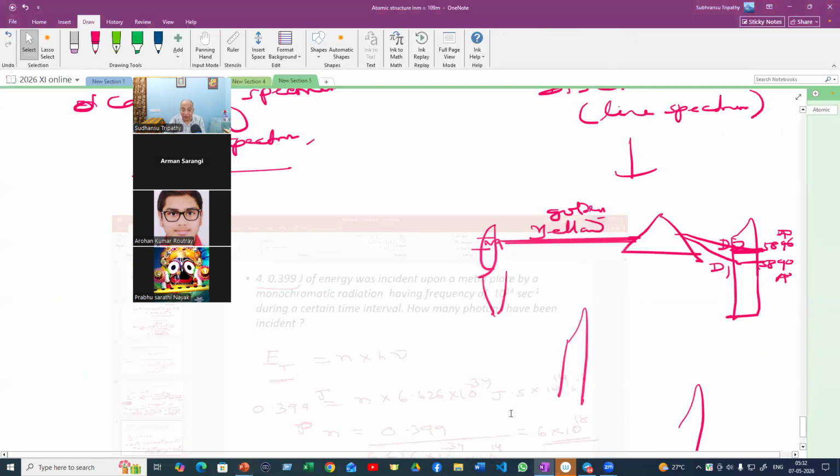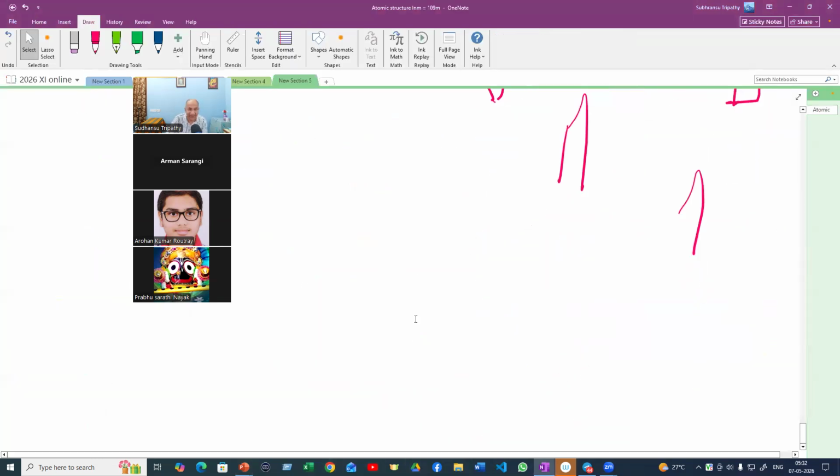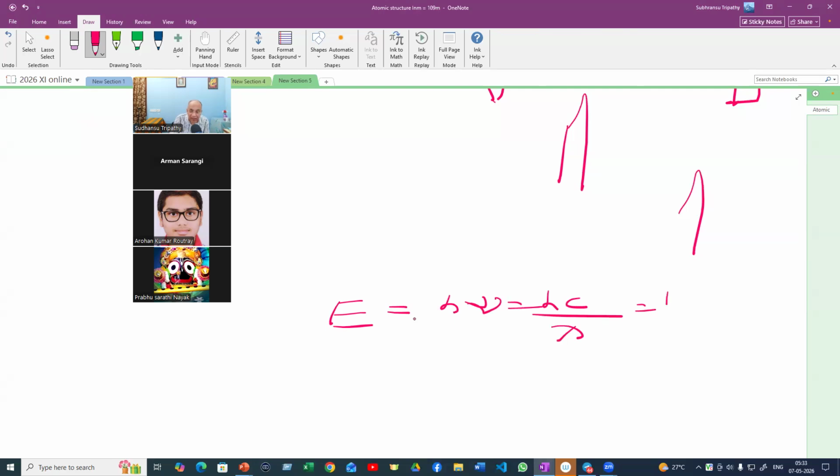One thing I forgot to tell you is, while a certain source is emitting radiation, or it is propagating, or somebody is absorbing, hundreds and thousands of photons are falling in every second. So for one photon, the energy is h nu, hc by lambda, hc nu bar.